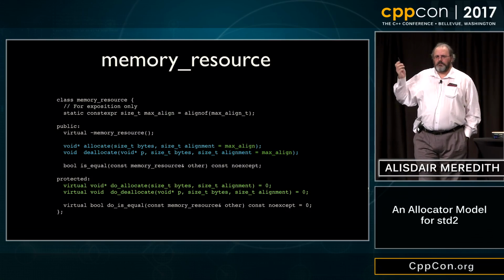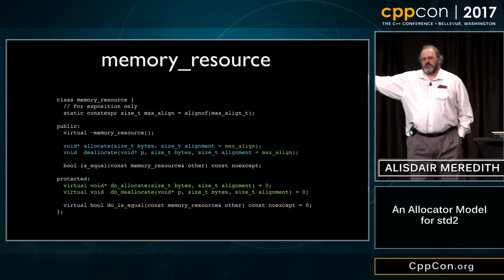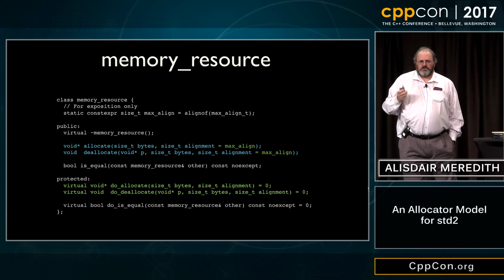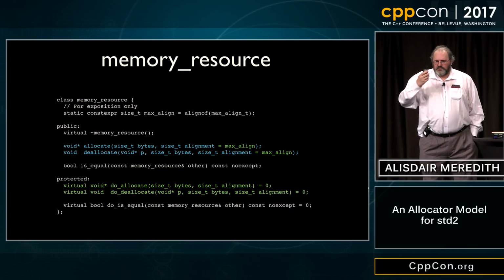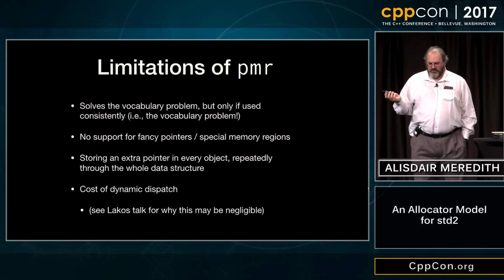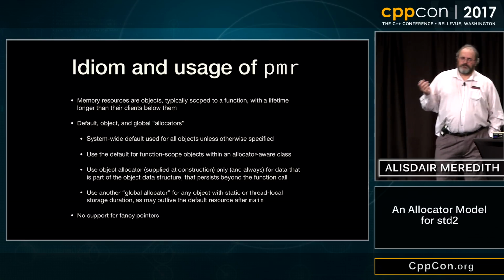I cannot plug in a different fancy pointer and try and override this member function, because it's the wrong signature. So as part of choosing this ability to plug in our allocators at runtime rather than compile time, we give up the flexibility of the fancy pointer. That's our trade-off.